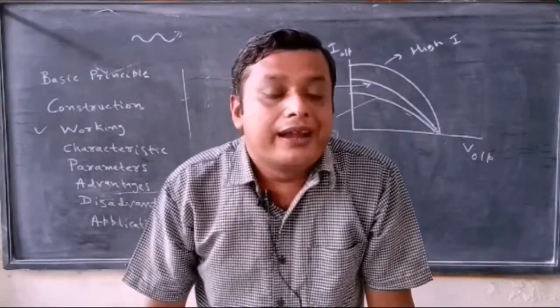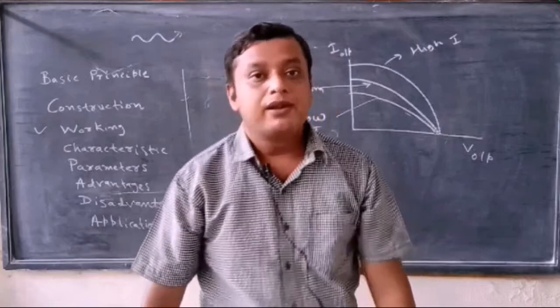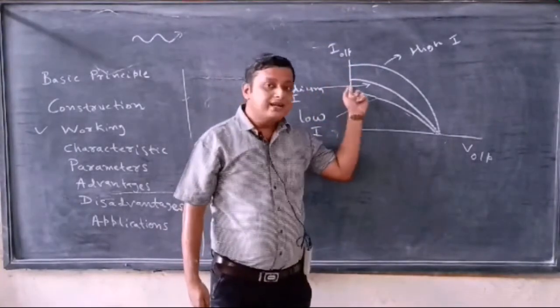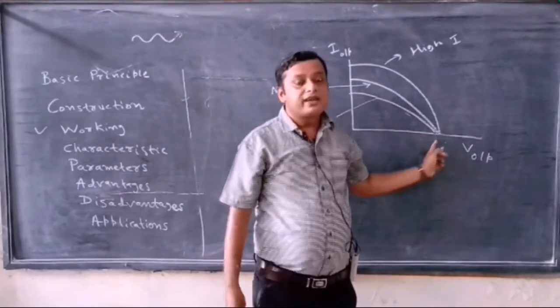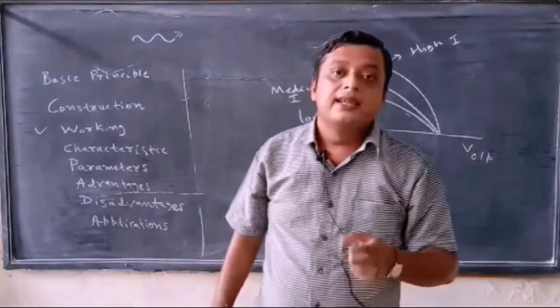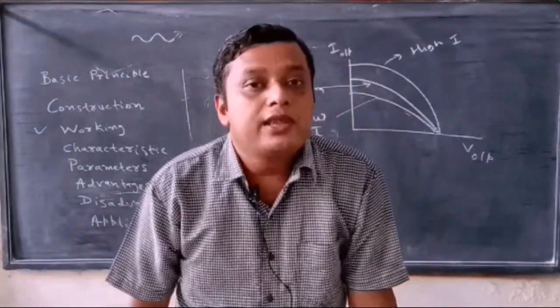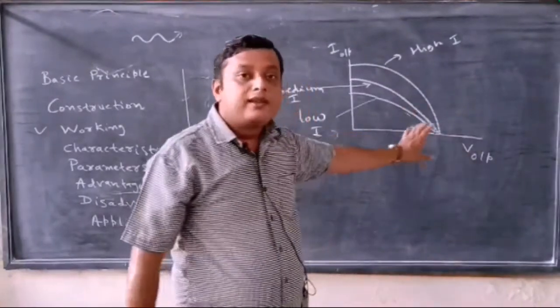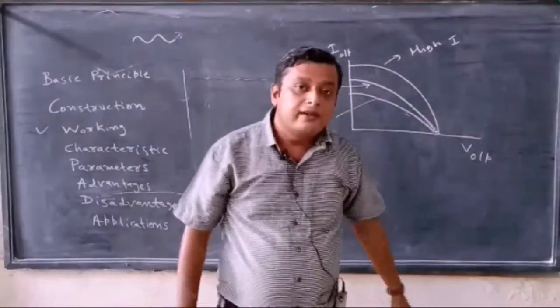So there is a large difference in the output current, but only a minor difference in the output voltage for different intensities incident on the solar cell. So this is the current voltage characteristics.